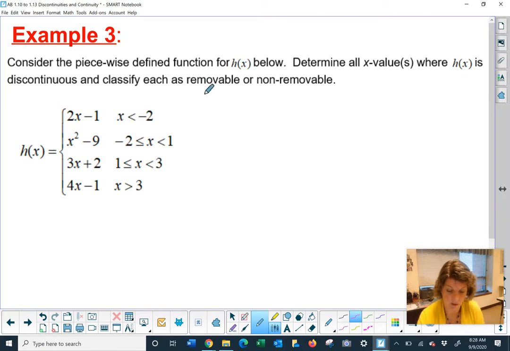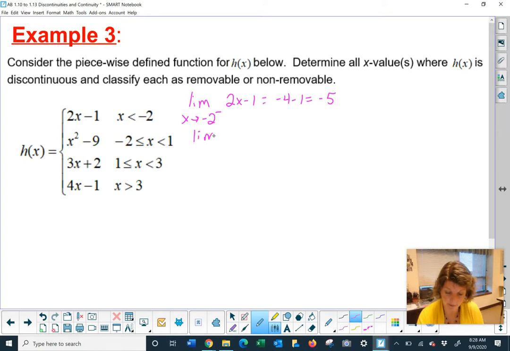All right, so let's look at the limit as x goes to -2 from the left, because this would be left of -2, 2x minus 1. That carries a value of -4 minus 1, so that I get -5.